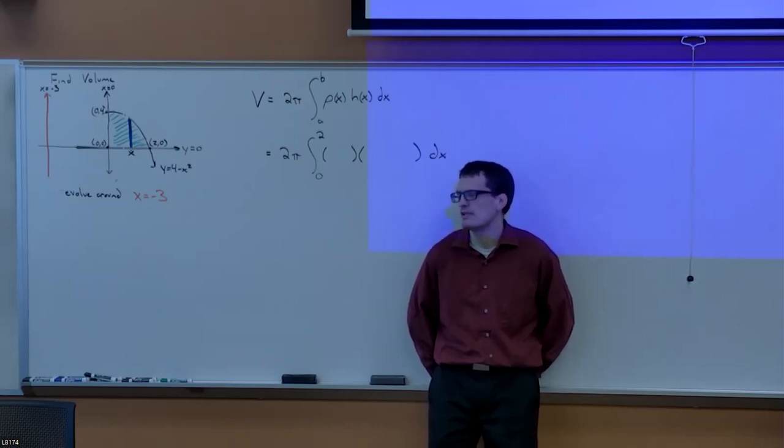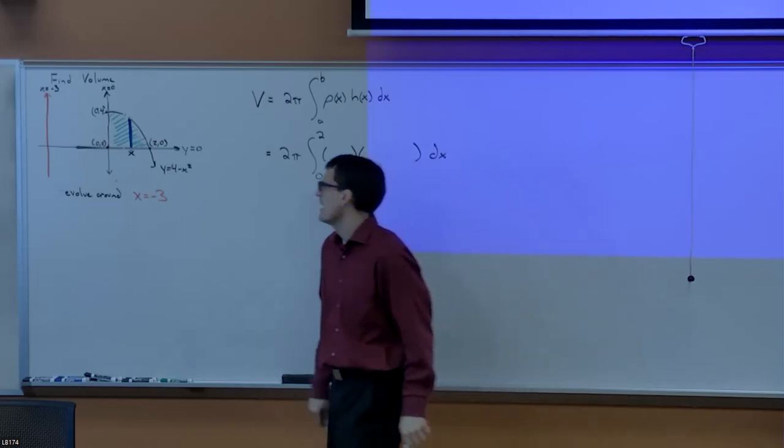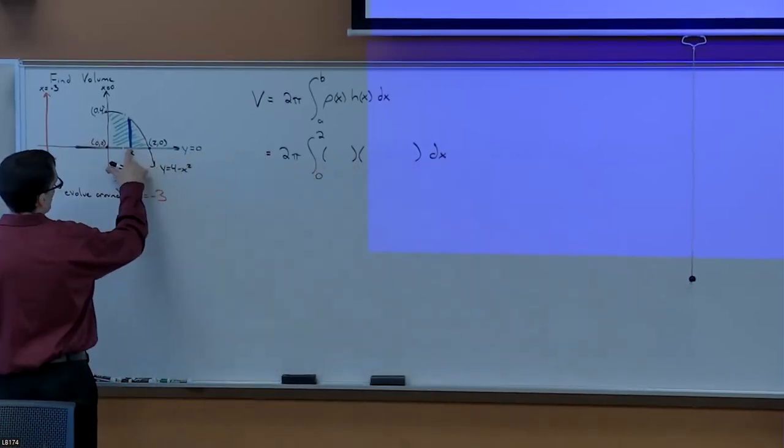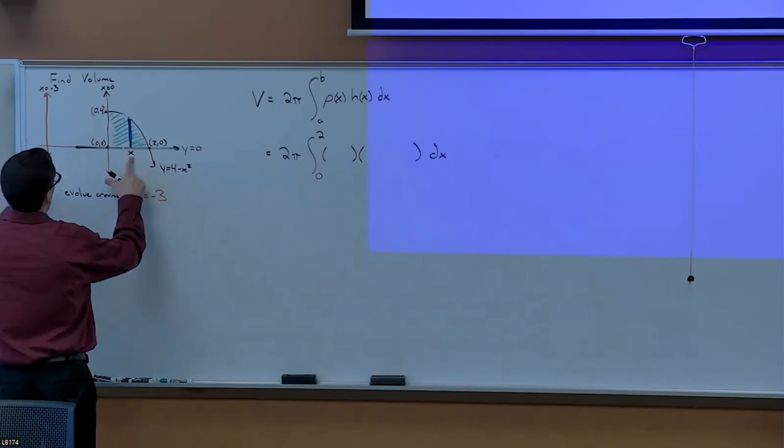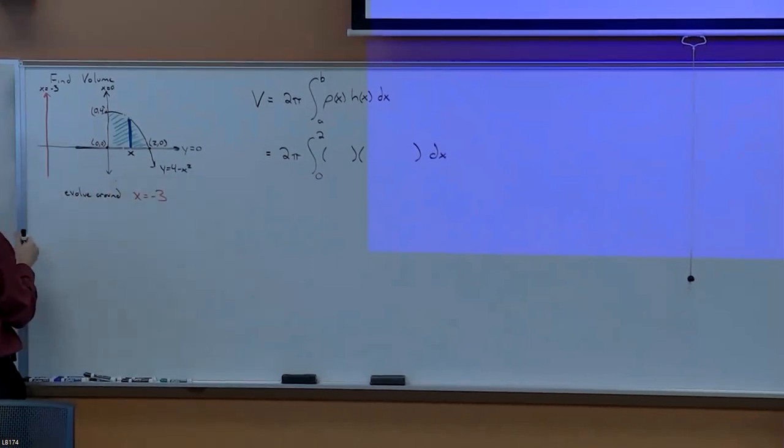Now, if I draw an arbitrary Riemann sum rectangle, like I did already, so I'll just leave the drawing up there. There's going to be lots and lots of those in that area, but I just drew one representative one. It's going to be at some arbitrary x value. And the radius is going to be from that arbitrary x value all the way down to the line x equals -3.